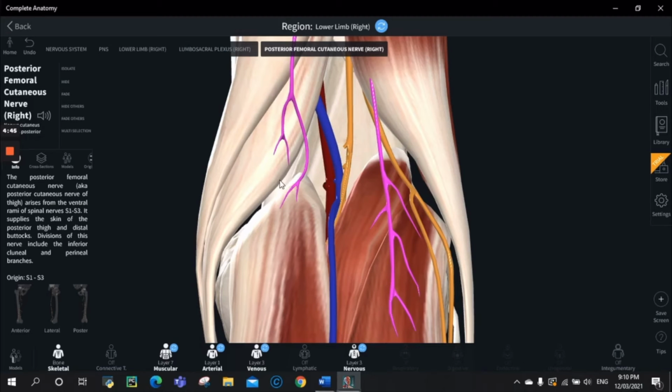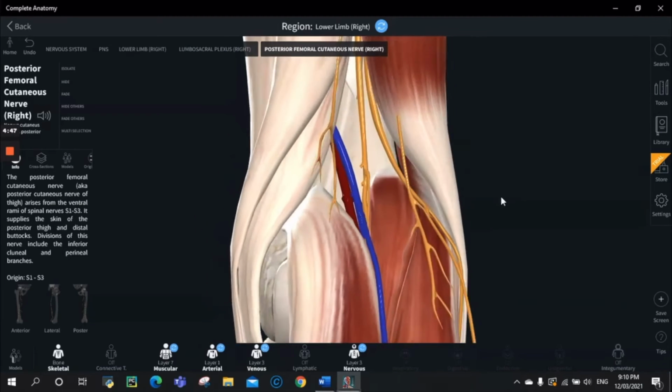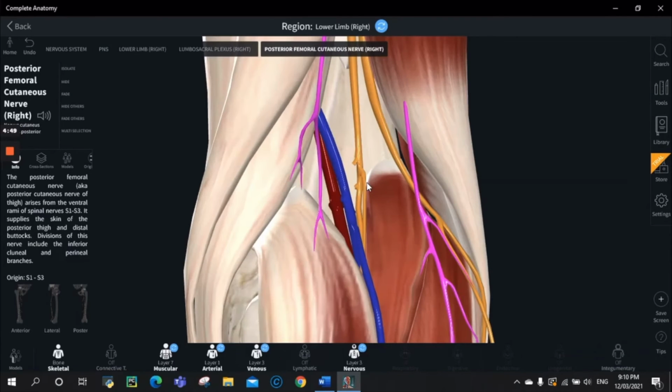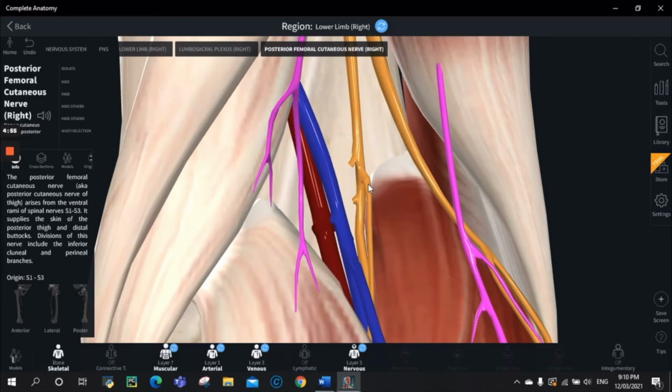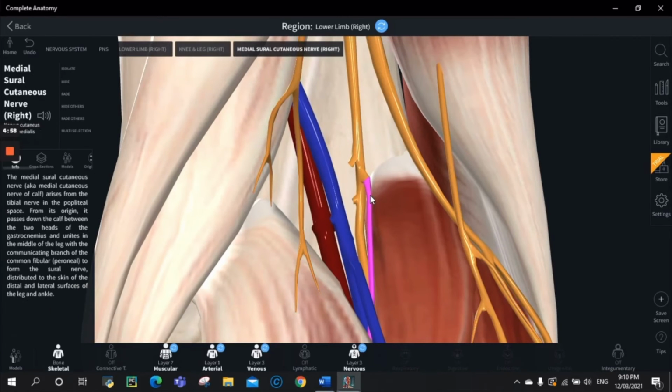Now we are left with two more cutaneous nerves right here. The first one arises from our tibial nerve, and it's this one right here. It's called the medial sural cutaneous nerve. And if you remember, the tibial nerve was the medial branch of the sciatic nerve, so it's easy to remember that it gives rise to the medial sural cutaneous nerve.